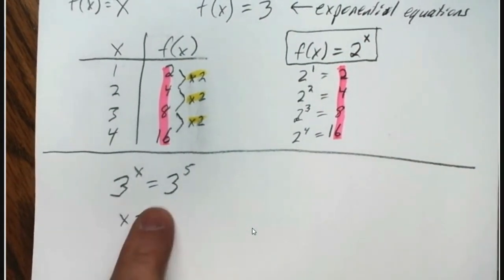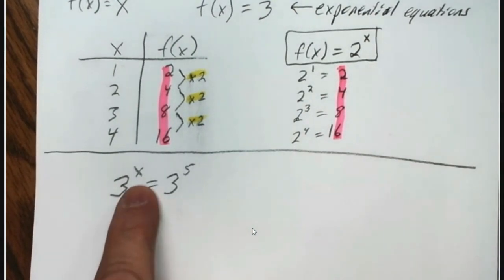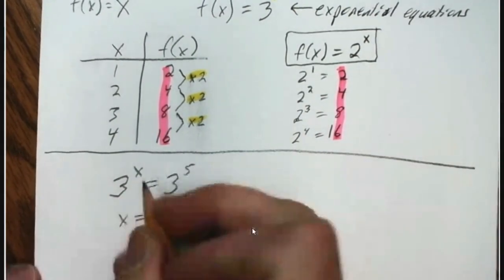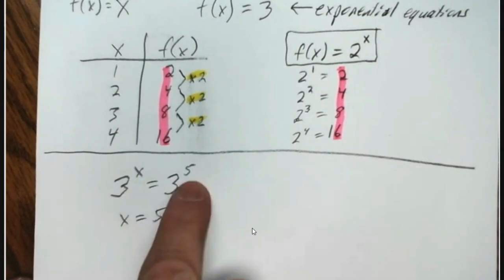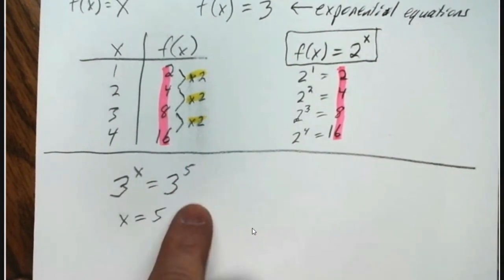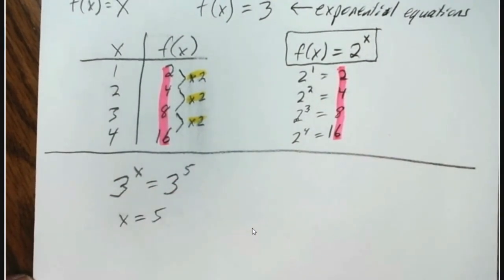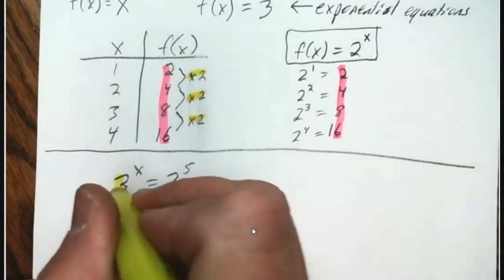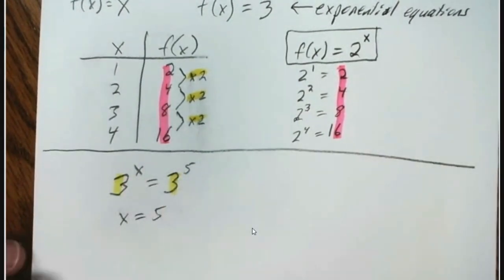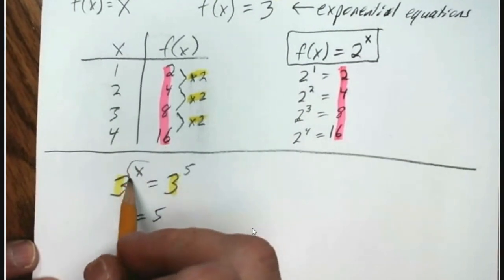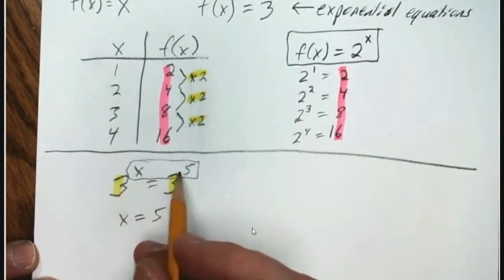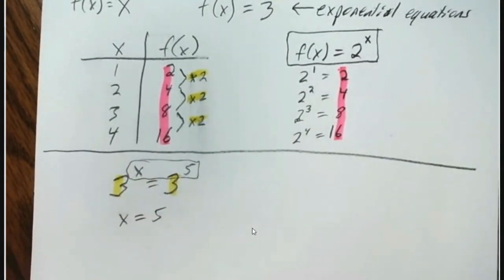Well, x has to be 5. That's the only way that these would be equal. If we have the same base, which we do, base 3, we can just take these exponents and set them equal to one another. x equals 5. And that's easy to see.